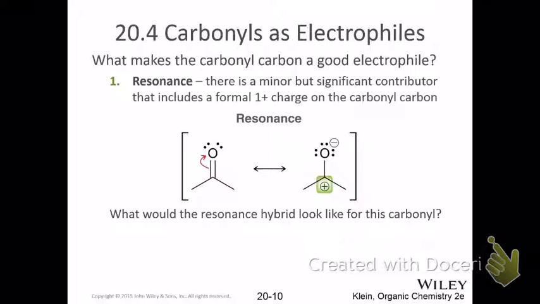The resonance hybrid, if you were to draw it, is kind of a silly resonance hybrid. It kind of just looks like the thing that's right next to it, with a dashed line. But that creates quite a bit of positive charge at the carbon.